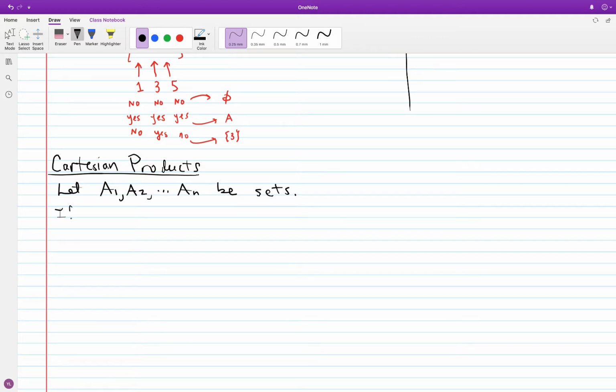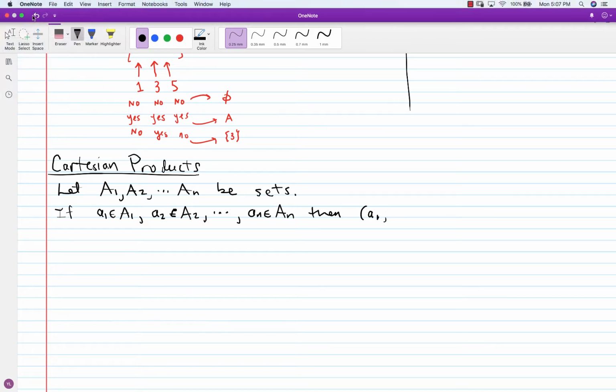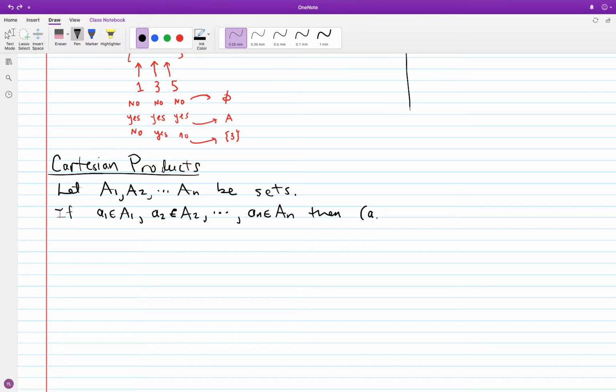All right, so let me say what an n-tuple of elements from these sets looks like. So if little a1 is some element in the set A1, and little a2 is some element in the set A2, and so on, all the way up to An, then when you list those elements using parentheses like this, so it's just a formal list, a1, comma, a2, comma, a3, all the way up to an.